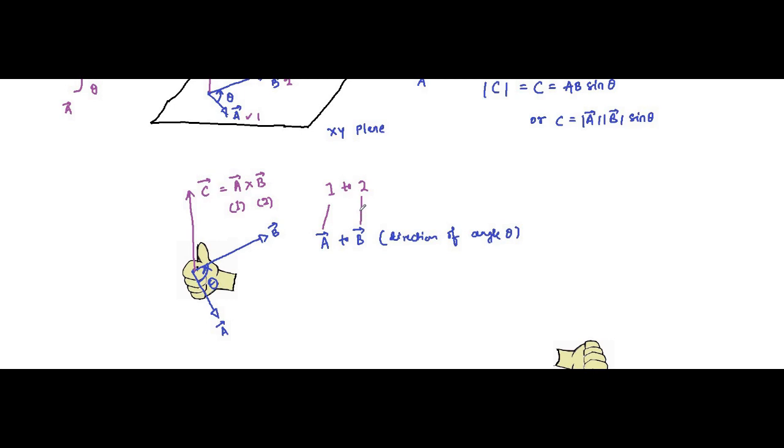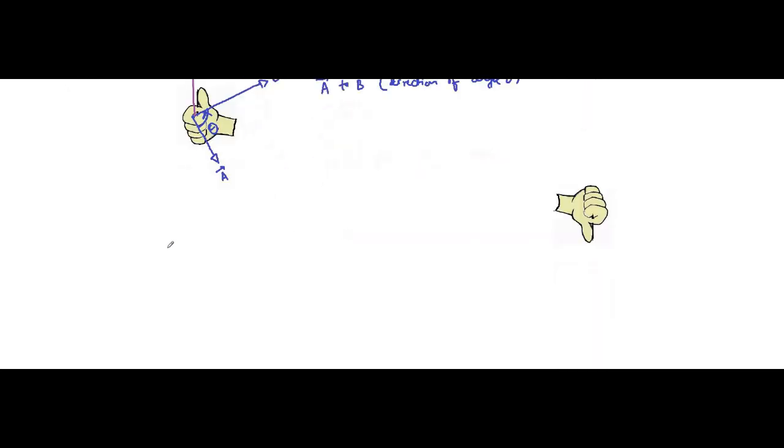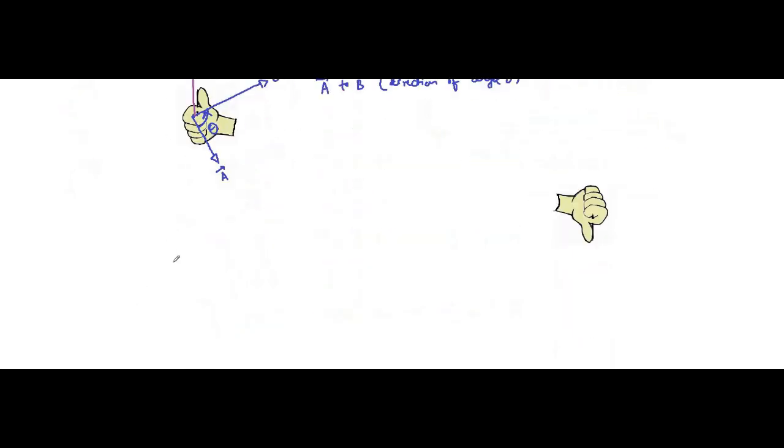Now let us say that we change the order of the vectors. Let us say that in the same plane we have the same two vectors. From here this is B vector and this is, let's say, A vector.